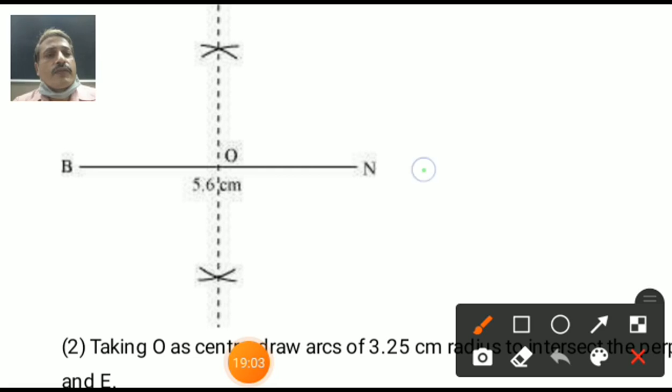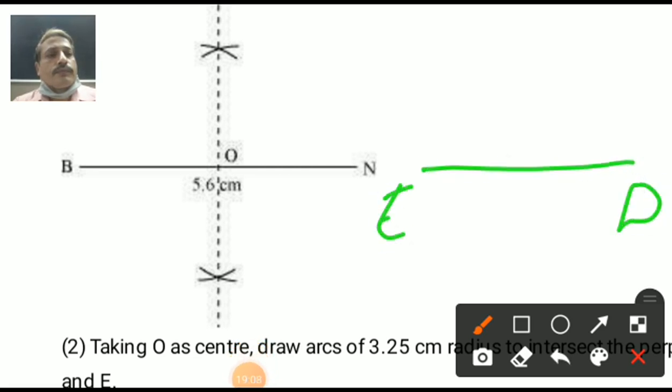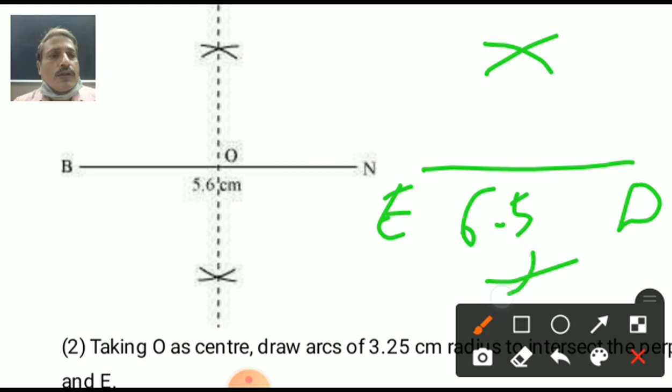See, my students, ED. What is the measurement of this one? 6.5 centimeter. Bisect exactly. That means we are drawing like this. We know this very well. Now cut it here. My point is exactly the middle point O.